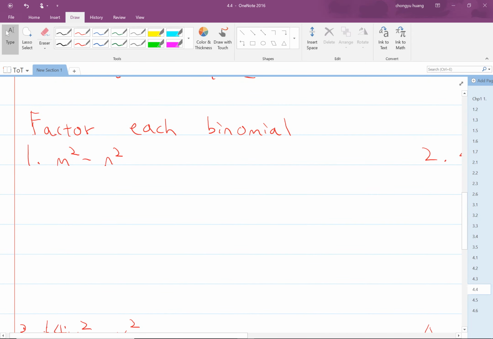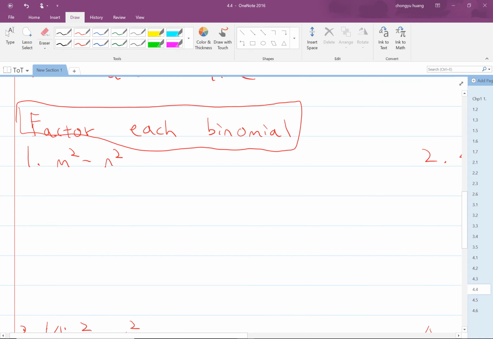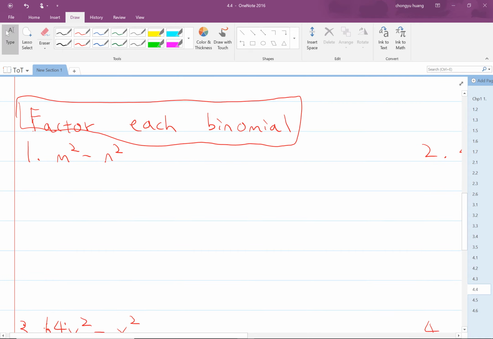Over here we want to factor each binomial. The first question is m squared minus n squared, right? So maybe I want to recall one of the properties.